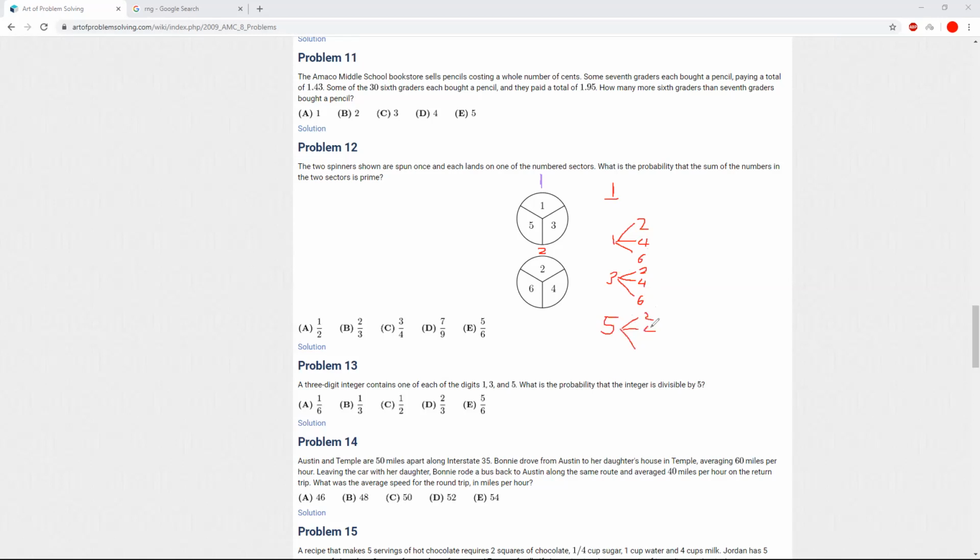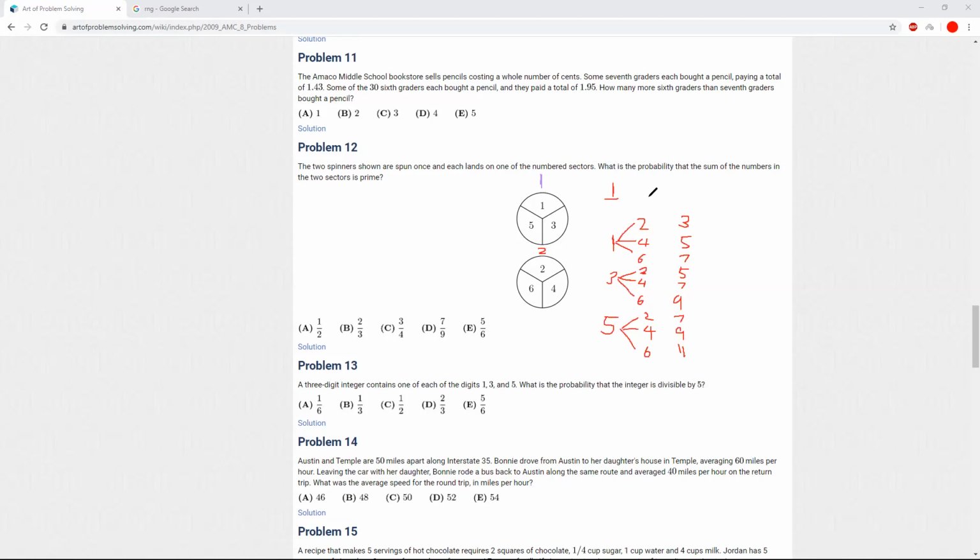Now we can just evaluate the sum for each of these cases. For this case, the sum would be 3. This one, 5. This one, 7. This one, 5. This one, 7. And this one, 9. This one's 7, 9, and 11.